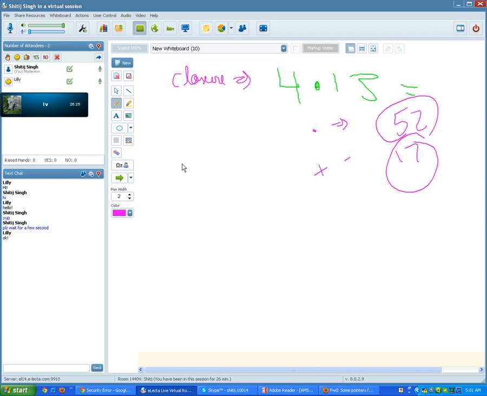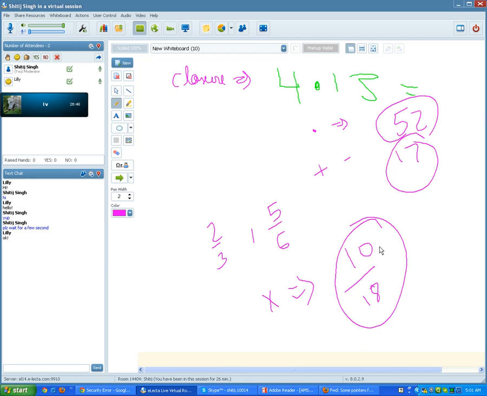Okay, if you are taking a fraction 2 over 3 and the other fraction 5 over 6 and try to multiply them, you will get 10 over 18. Okay, so this is also a fraction.